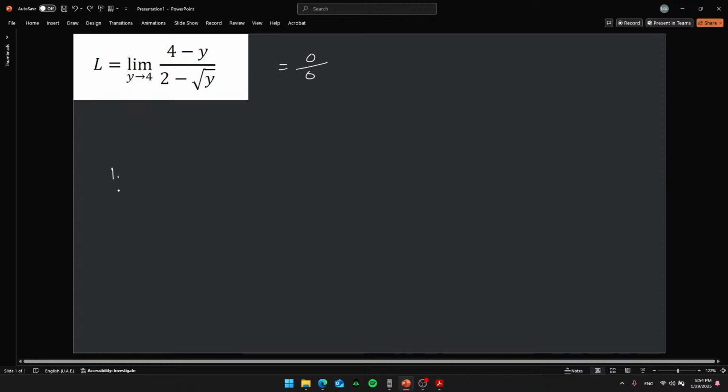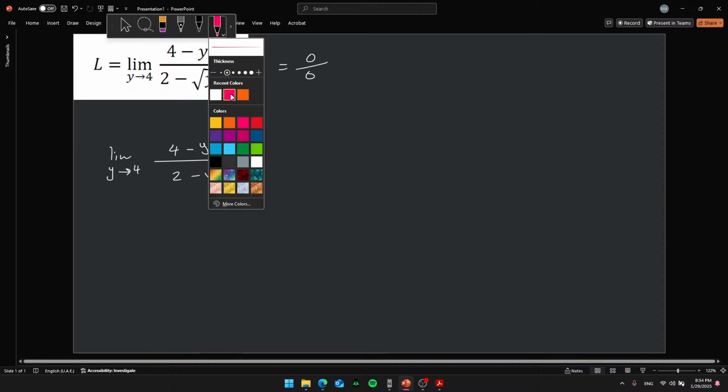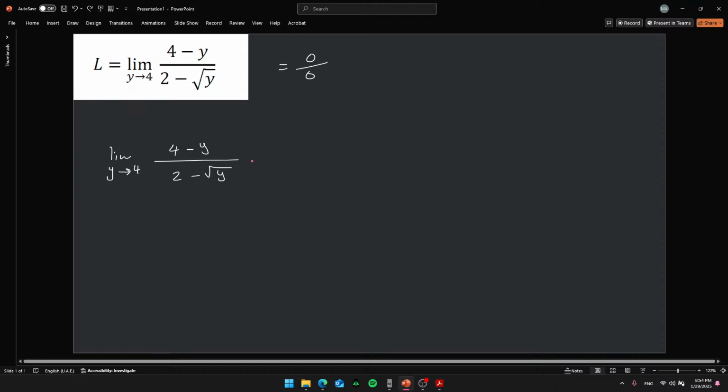Oh, the variable is y. In the quiz, I guess you'll lose some marks if you write x instead of y. So 4 minus y over 2 minus radical y, multiplied by the conjugate, top and bottom, by 2 plus radical y.